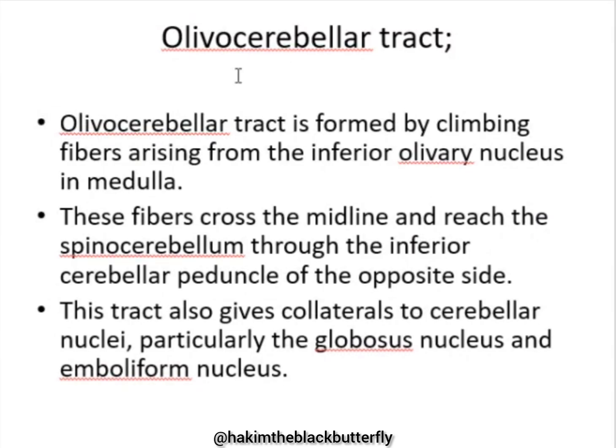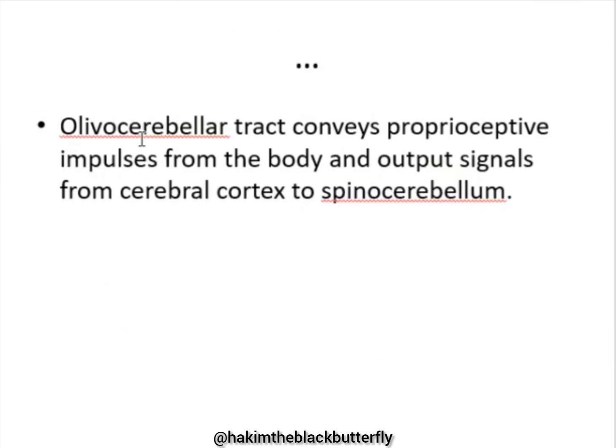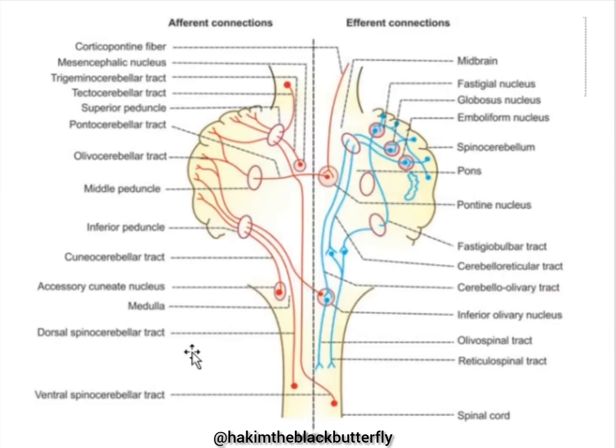Olivocerebellar, which I talked about, where climbing fibers pass from the inferior olivary nucleus to the cerebellum. From the inferior olivary nucleus, this olivocerebellar tract is going to cross to the opposite side.